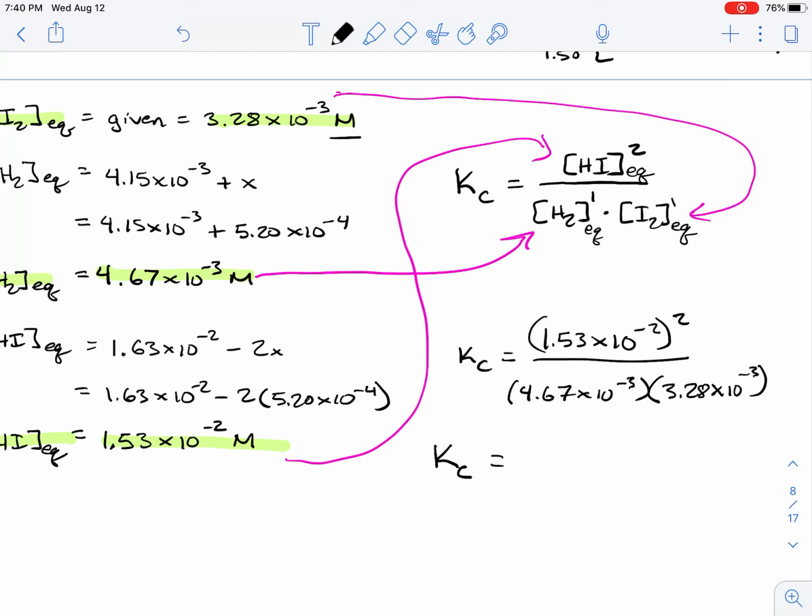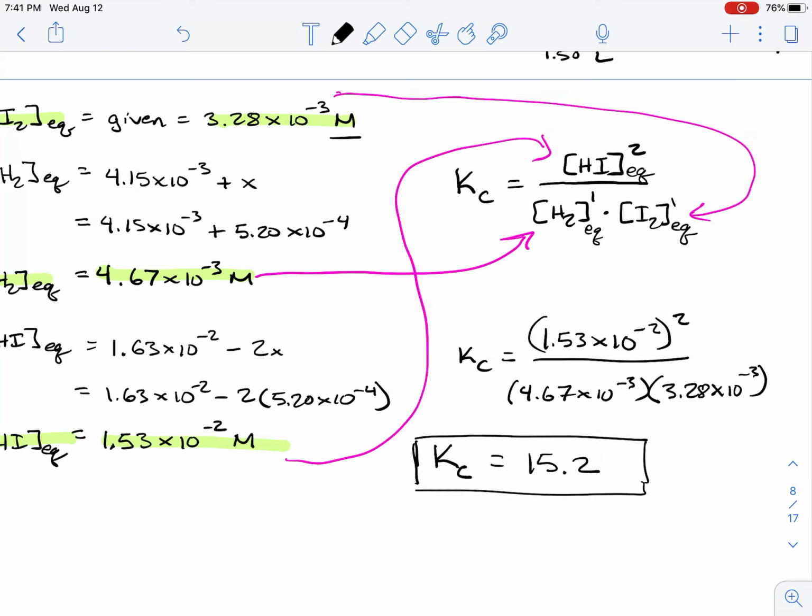And so the value that I get is going to be 15.2. All right. And so this is going to be my final answer.